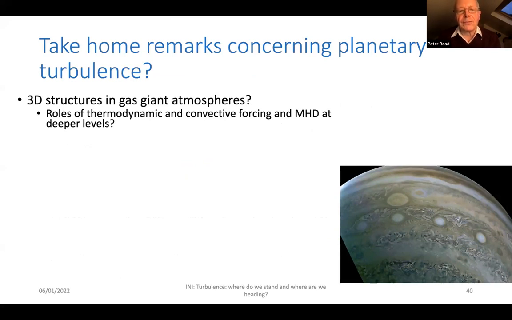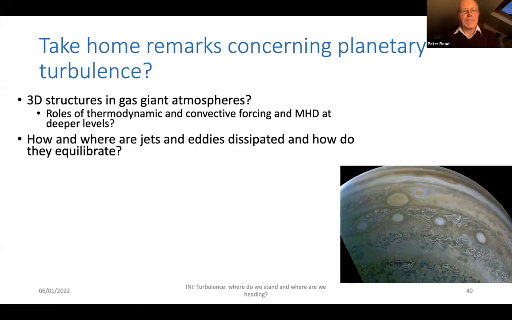The roles of thermodynamic and convective forcing and magnetohydrodynamics all seem to play a role at deeper levels, and trying to unravel this based on the limited information that we can deduce from observations is a real challenge. How and where are the jets dissipated, and how do they equilibrate?